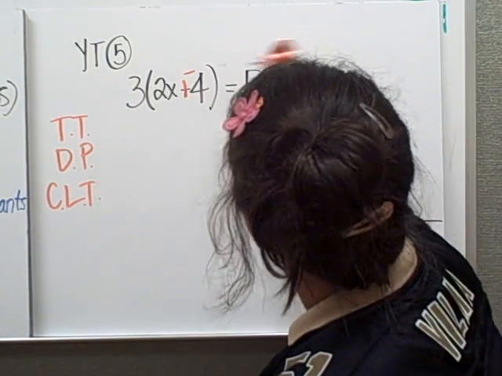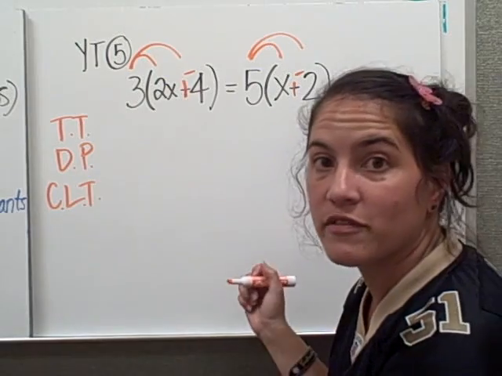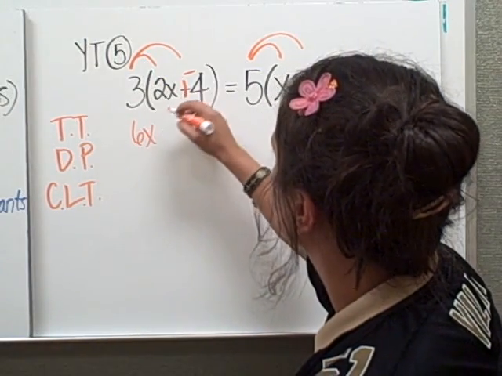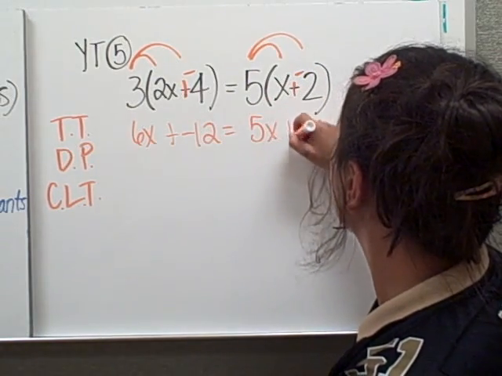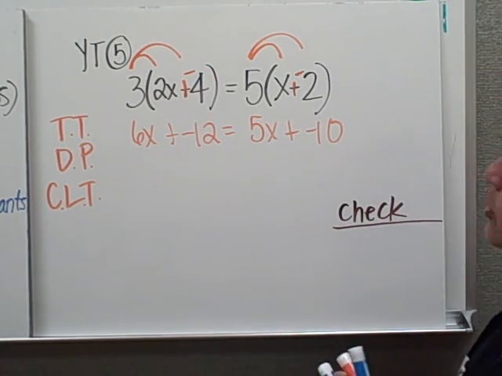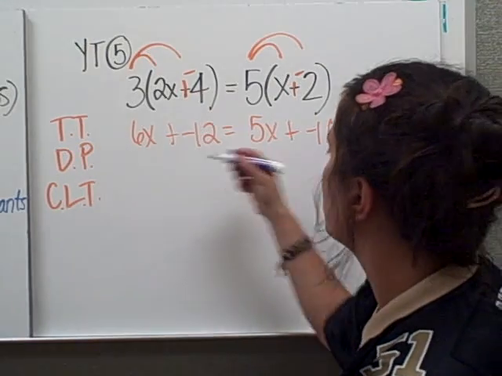First, we are going to touch twice and then distribute. This time we have distributing on both sides of the equals. 6x plus negative 12 equals 5x plus negative 10. I do not have any combined like terms, so I want to go into moving my variable over.